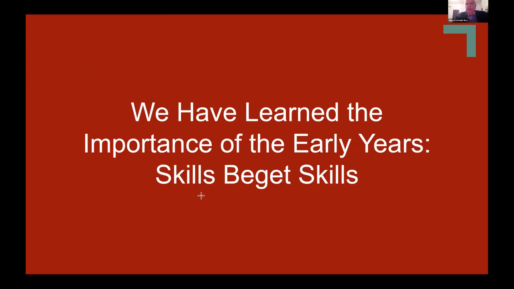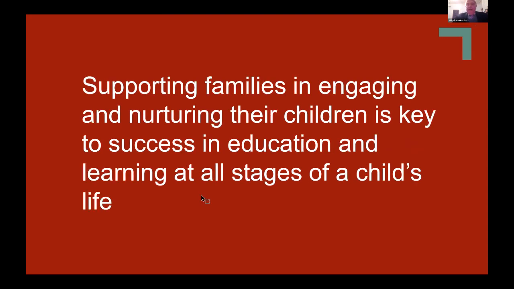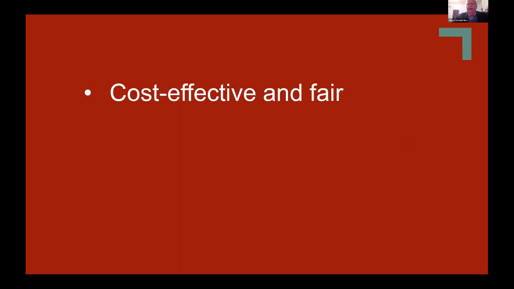We've learned a lot about the importance of the early years, and we've learned the dynamics of skill formation, that skills beget skill. Supporting the family and engaging and nurturing their children is key to success in education and learning at all stages of a child's lifetime. And we can come up with cost-effective and fair approaches.